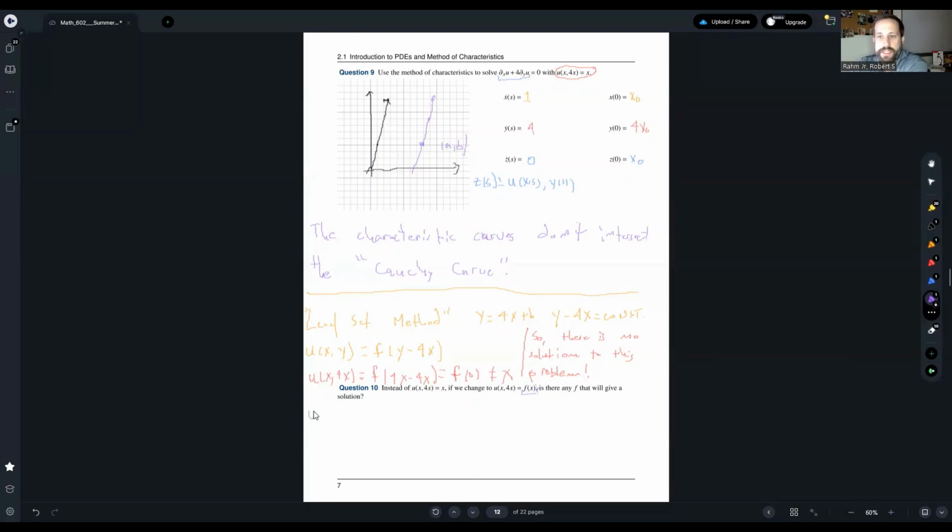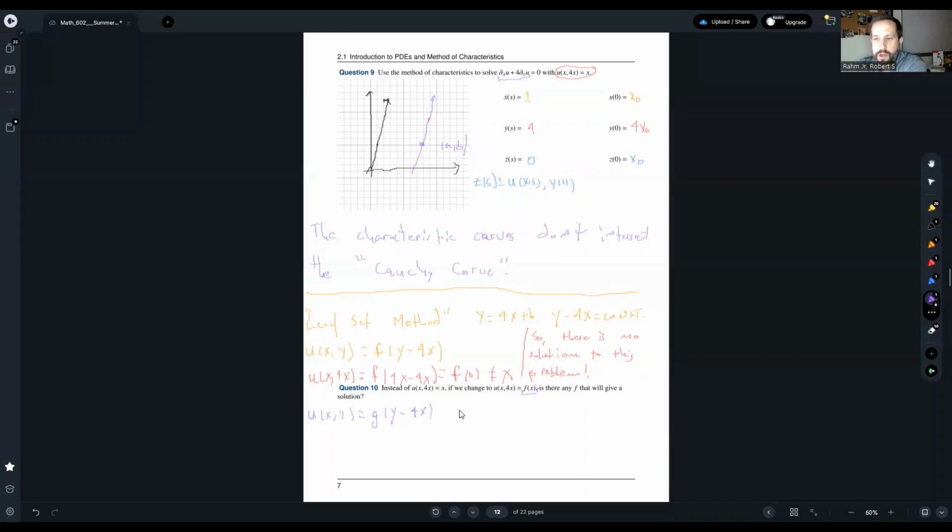So if my function satisfies the PDE, then u of x, y has to equal g of y minus 4x for some function g. And I'm going to use this Cauchy condition to give me some information about what g needs to satisfy.